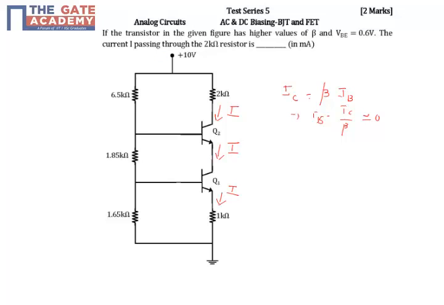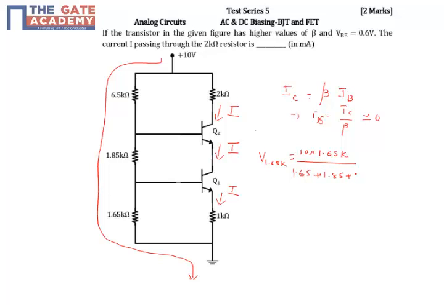So now if you see this circuit, for this you apply the voltage division rule. When you apply the voltage division rule, you will get the voltage at 1.65k equal to 10 into 1.65k by (1.65 plus 1.85 plus 6.5) kilo ohms.